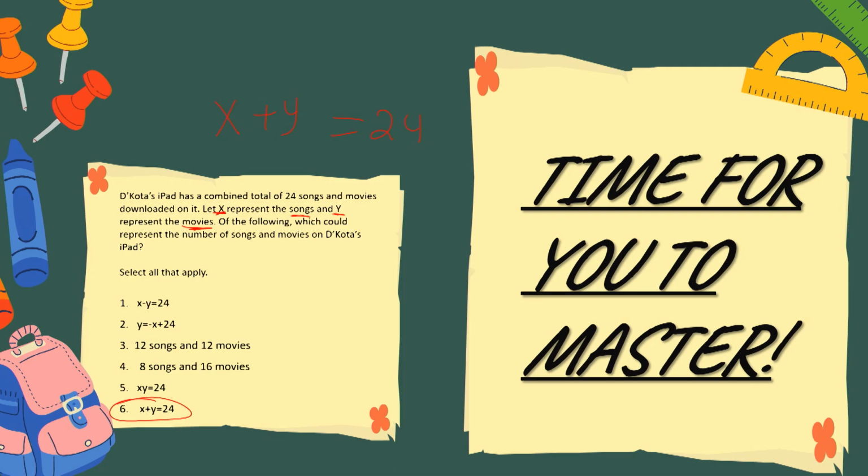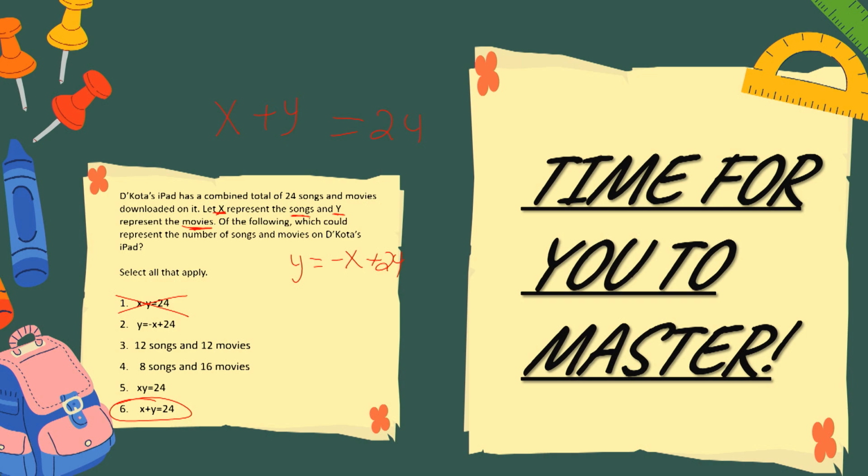What about number 1? Could I take my songs and subtract my movies and get 24? Nope, can't do that. What if I had my movies equal negative songs plus 24? Well, here's a question. Is that a true statement?